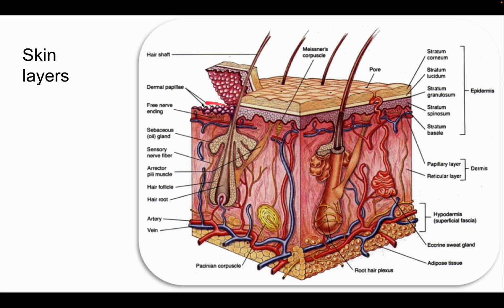So this is pretty much the overall model you'll be seeing of the skin. And obviously, remember that epithelium is avascular, relies on microcirculation of the capillaries, and then the connective tissue is going to be vascular and innervated here.